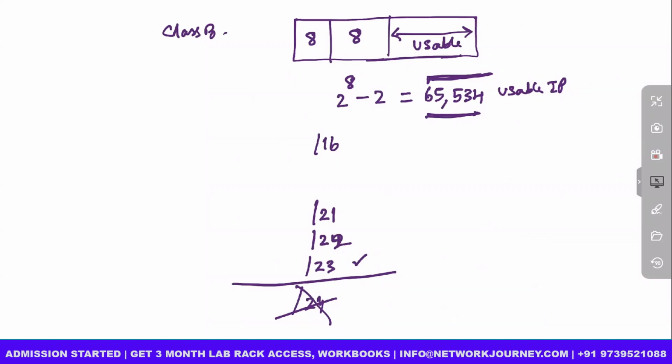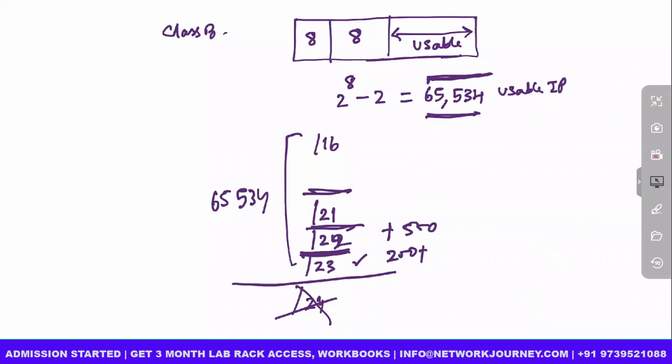So all together, you get 65534. If you go step by step, might be you add upon another 200 IPs. And you go one more step, might be you add upon 500 more. Then you might add upon 3000, and so on, you reach 65534.